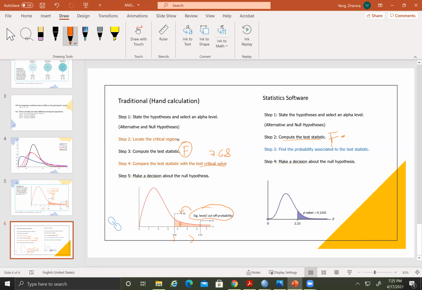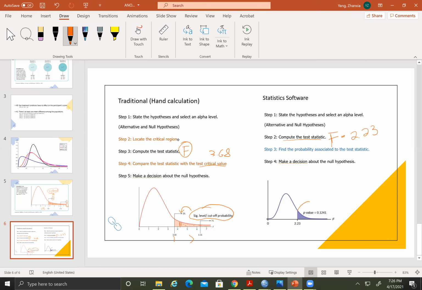So for example, in this case, say the F value is 2.23. Instead of finding the critical value, we find the corresponding p, which here is 0.1241. So by finding the corresponding p-value, we don't really need to find the critical value.